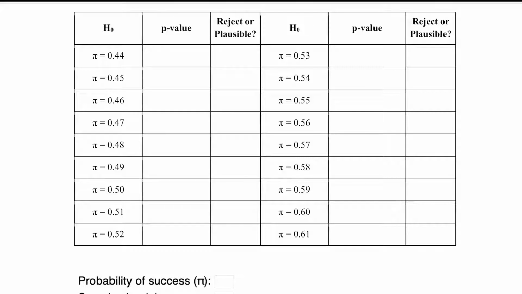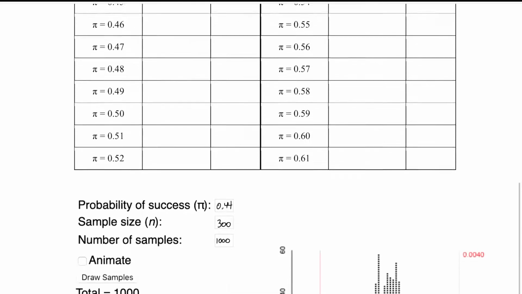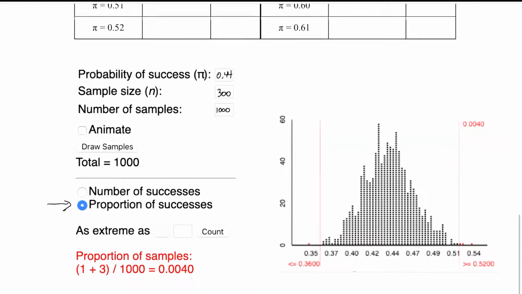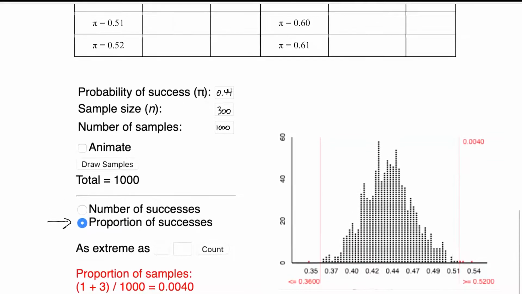So you're going to want to go to the one proportion applet, and what I did is create a screenshot here. The first null hypothesis value in the table is pi equals 0.44, so that's what I'm going to put into the probability of success in the applet. And the sample size n is 300, and in general we take 1,000 samples, and make sure you have proportion of successes selected, and you draw the samples.